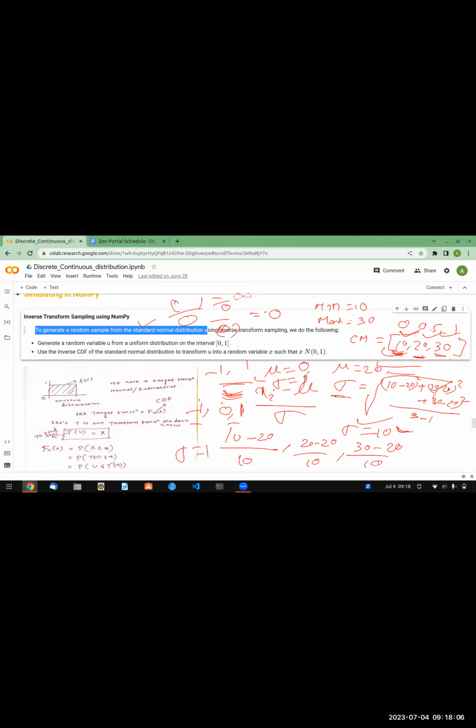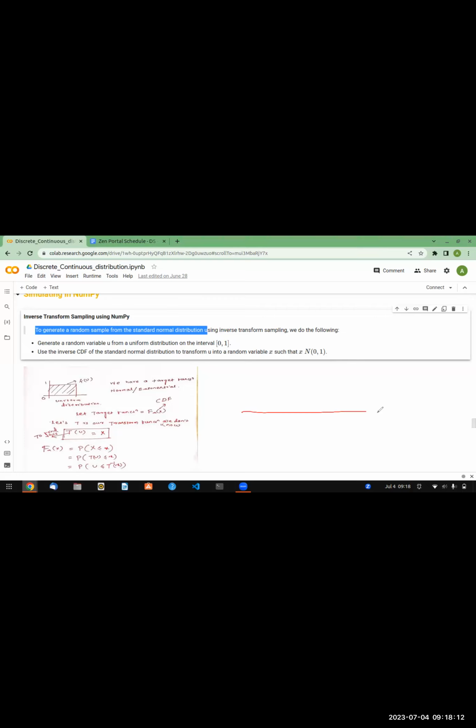If you standardize the data, I'm going to show you, just 1 minute, guys. We're talking about the standard normal. When we do standardization, this is your normal distribution. Bear with my drawing.